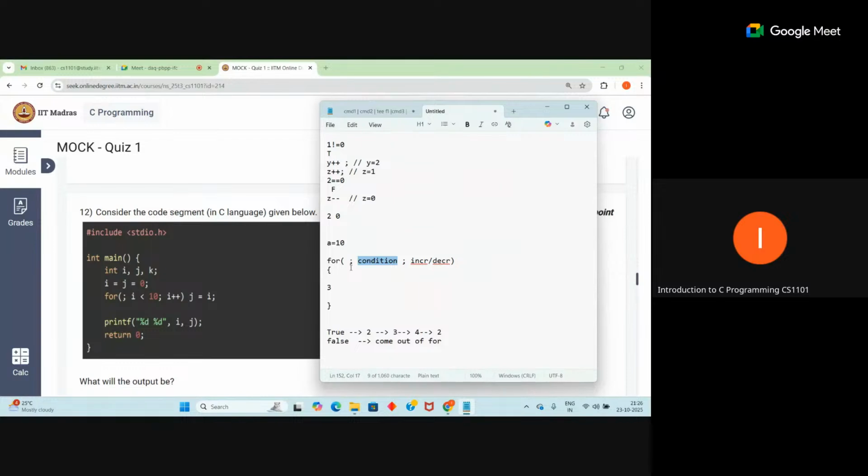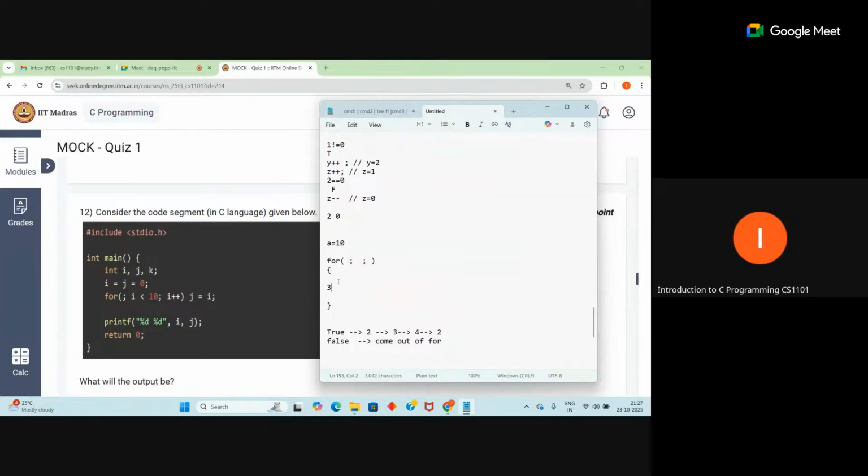So you can even omit the condition checking and simply put a semicolon. Suppose in the body itself you are increasing or decreasing your conditional variable to reach nearer to the condition. Then there is no need of increment or decrement also.